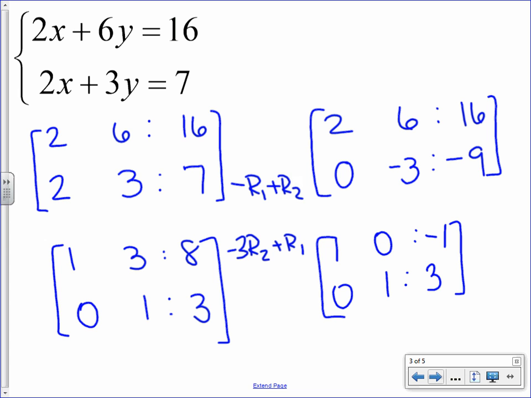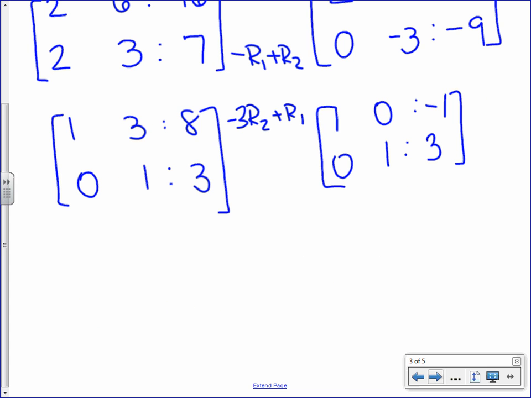What is our solution? X equals -1, Y equals 3.